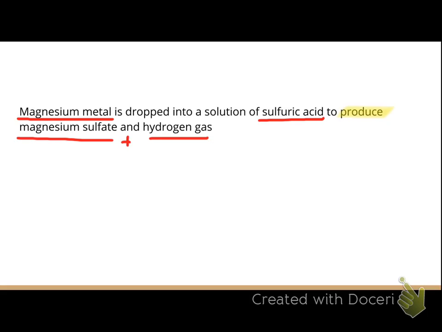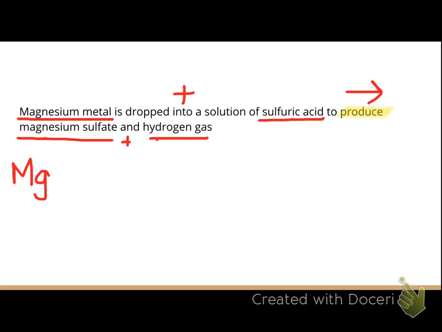Okay. One way to do this is to write it out like this first. So we have magnesium metal plus sulfuric acid produces magnesium sulfate plus hydrogen gas. First thing we've got to do, magnesium metal, that's Mg.